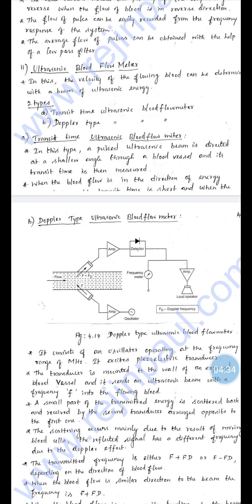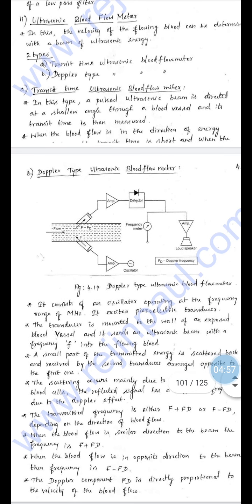In the transmit time type, a pulsed ultrasonic beam is directed at a shallow angle through a blood vessel and its transmit time is measured. The measured time is compared with a reference time. If there is any deviation, it means there is some fault in our blood flow.